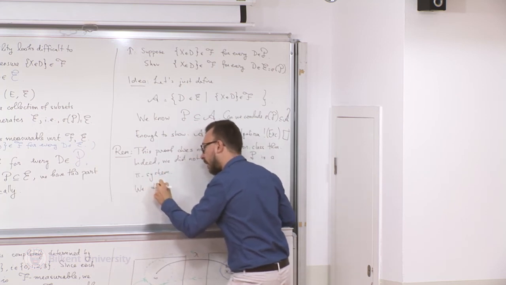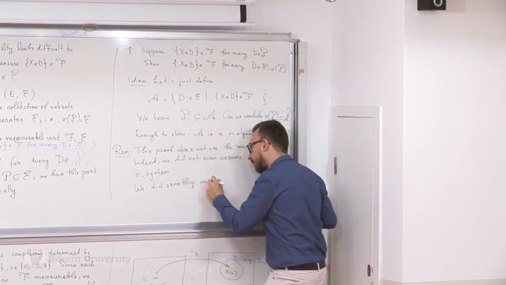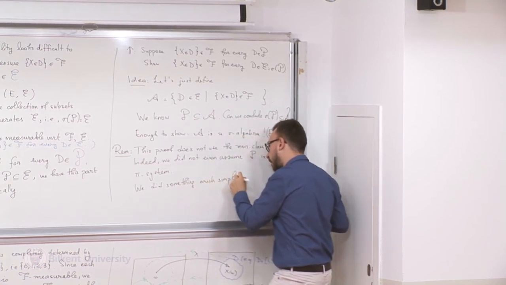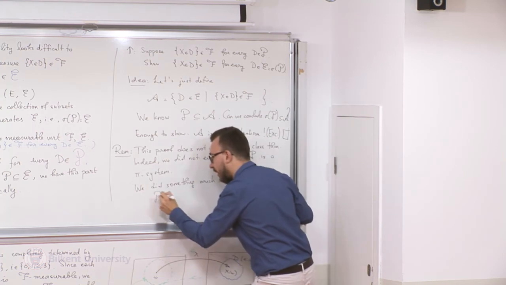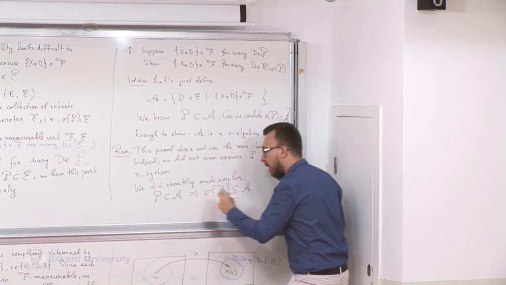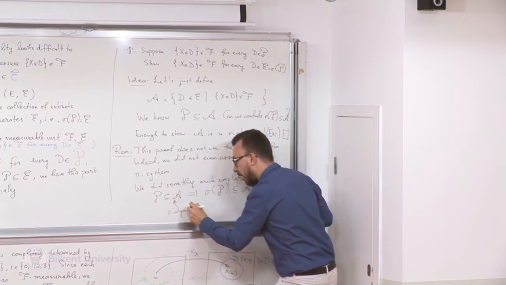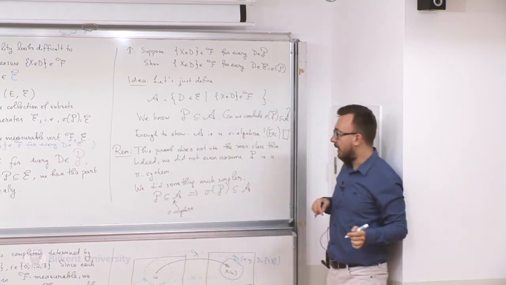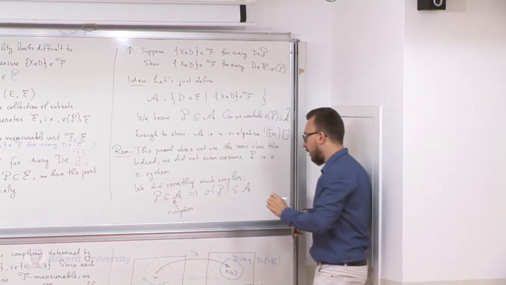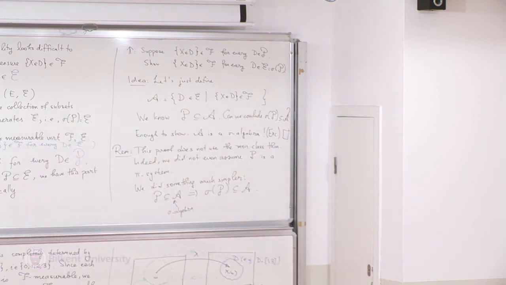We did something much simpler. And this was the following: P is in A implies sigma P is in A, whenever A is a sigma algebra, and P is anything, any collection of subsets. Okay? That's the end of the remark.